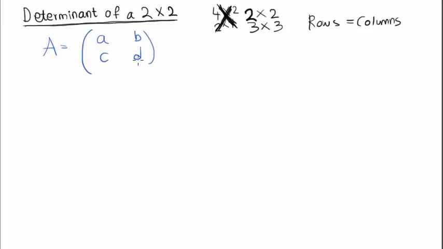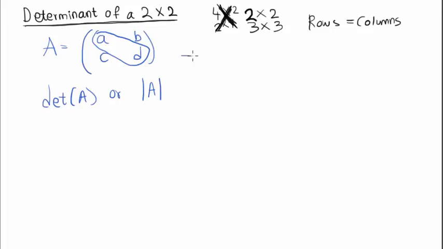The determinant is sometimes denoted as det A, or sometimes as the absolute value of A, or the magnitude of A. The formula for a 2 by 2 is simply the product difference between the diagonals. So what's the diagonal of this matrix? It's ad, that's one of the diagonals. The other one is cb.